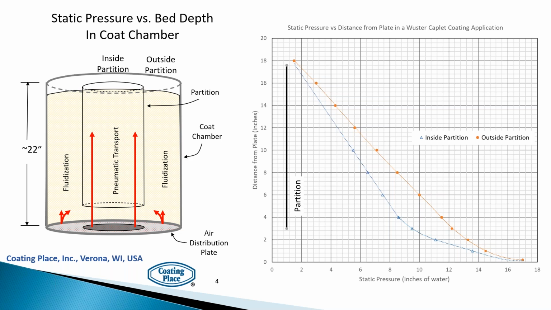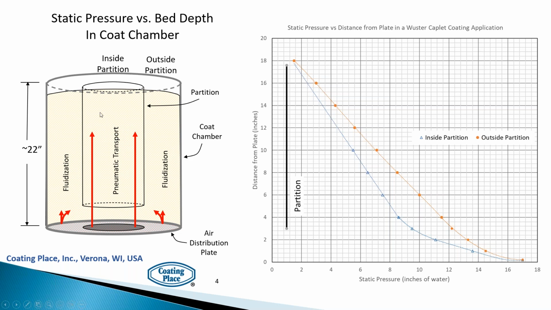But I have coated tablets before, and provided they're robust enough, it can be done in a Wurster. Now, in this particular application, the component in the coater was a caplet. It was about a 9/16 inch caplet.